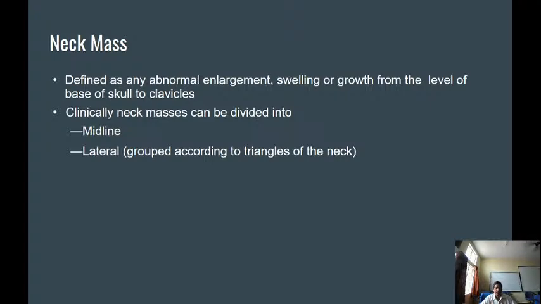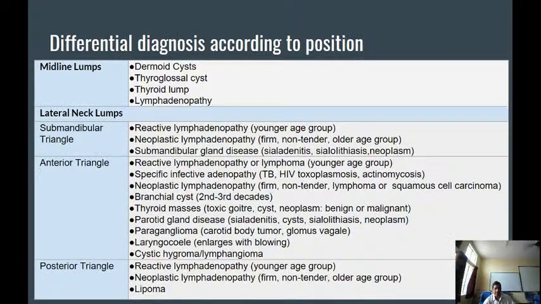This is only for our convenience, and let us try to go into these various swellings that may be present in the anterior group or in the midline. The midline swellings are the dermoid cysts, thyroglossal cysts, thyroid lumps, thyroid swellings, the lymphadenitis, lymph node enlargements. These are the various structures that are present.